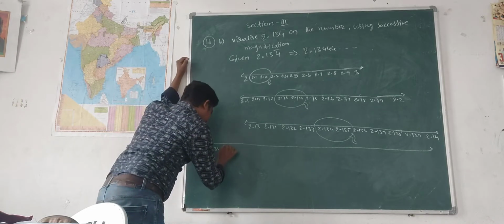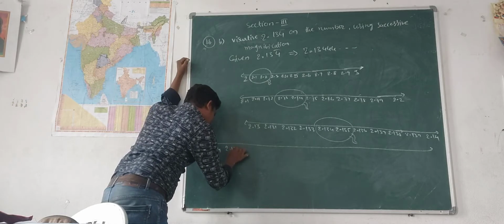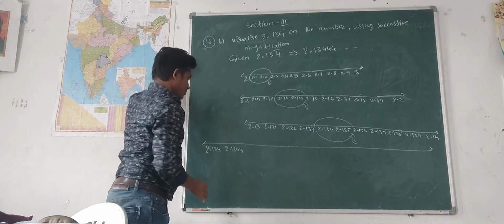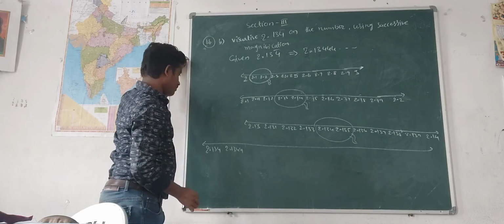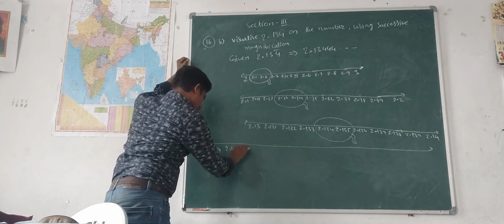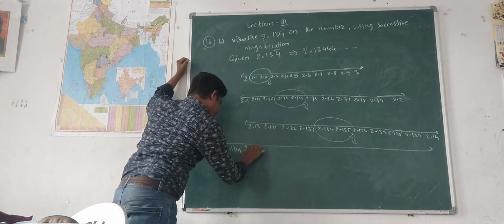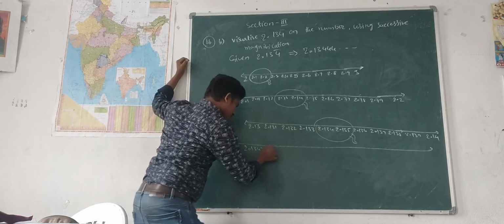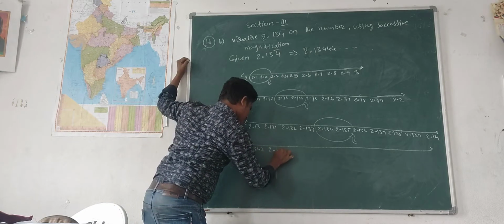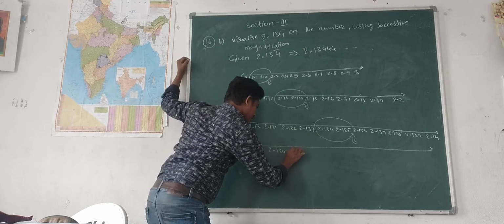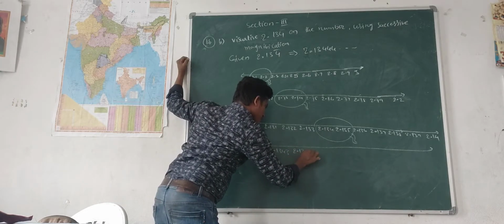Okay, next one 2.1341, 2.1342, next 2.1343, next 2.1344, next 2.1345.